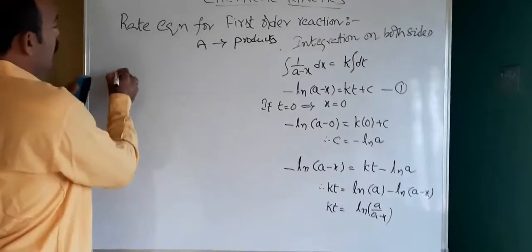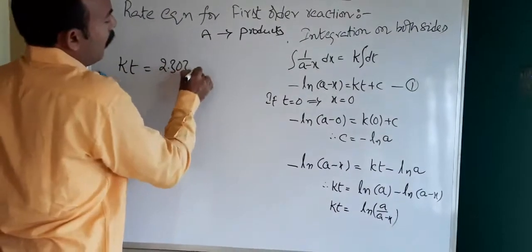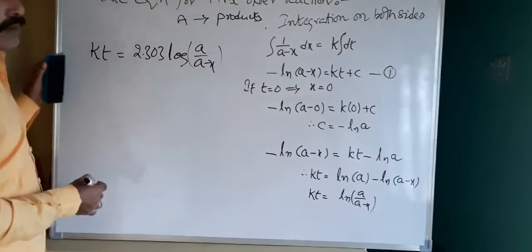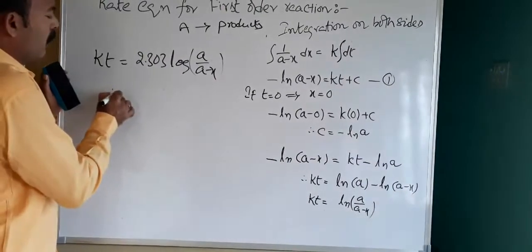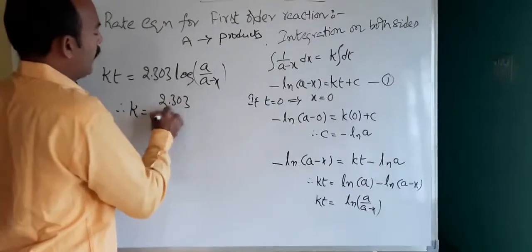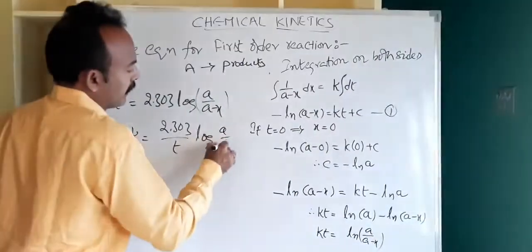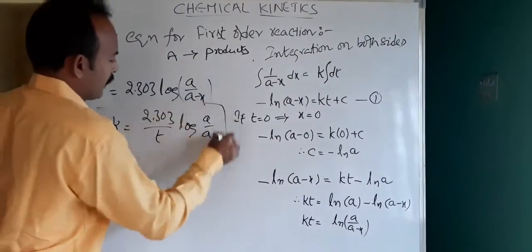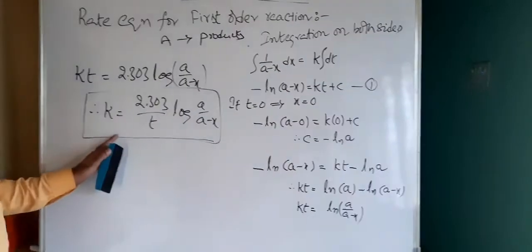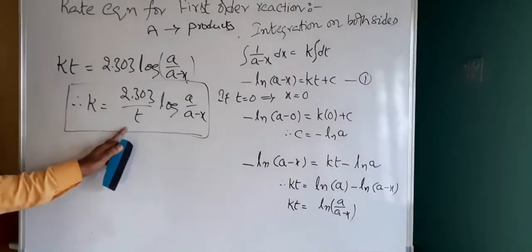So kt is equal to 2.303 log a by (a minus x). Therefore, k is equal to 2.303 by t into log a by (a minus x). This is the rate equation for first order reaction.